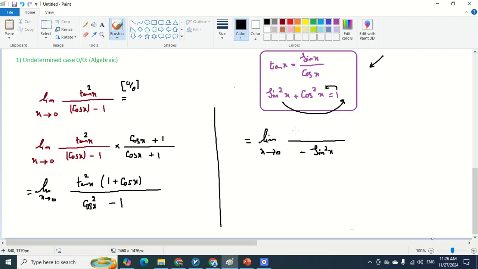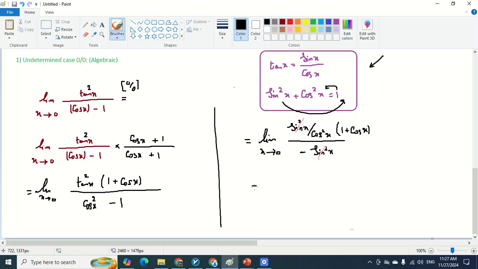Right now the tangent square can be written as sine square of x over cosine square of x, and we still have the term 1 plus cosine of x at the numerator. So this sine square will be eliminated from the numerator and denominator, meaning this factor will be eliminated, and now we substitute the value.